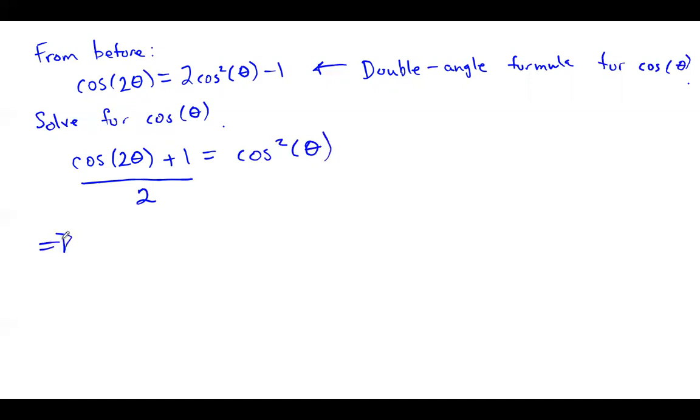So then this implies our cos theta is equal to plus or minus square root of cos 2 theta plus 1 divided by 2.